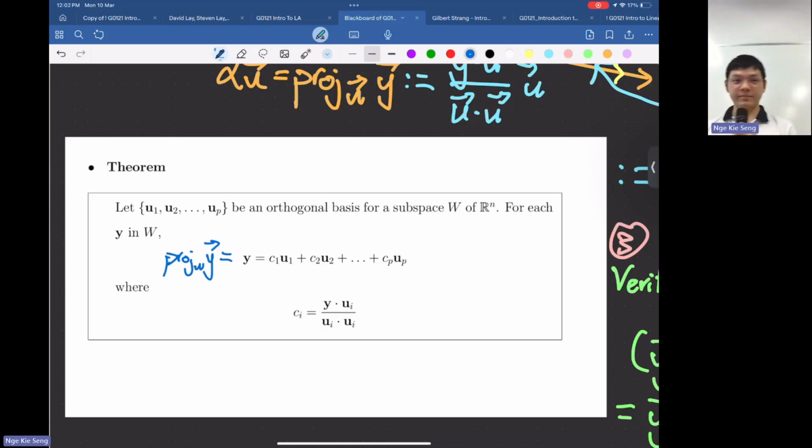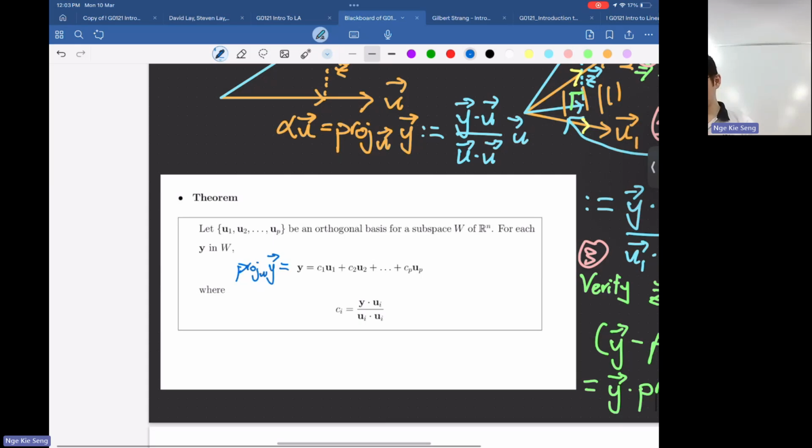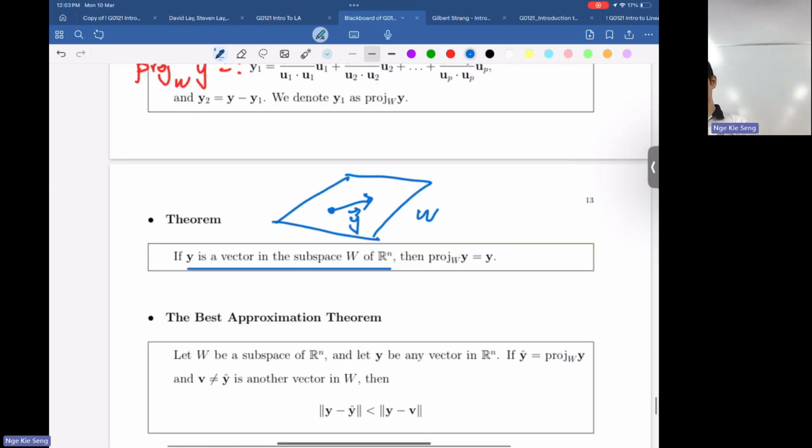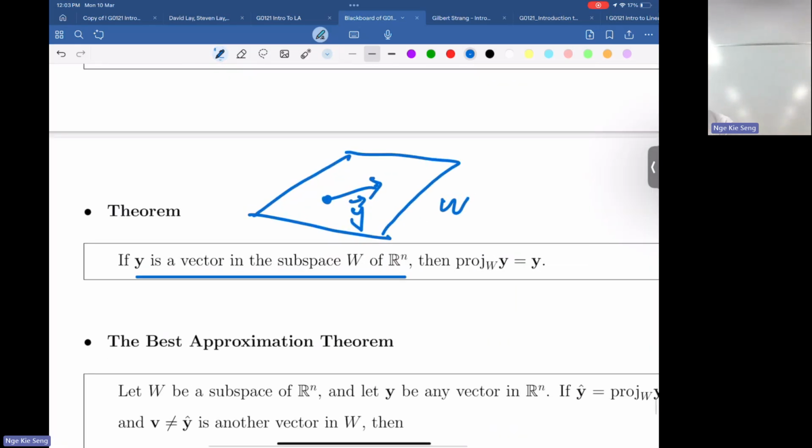It's the same formula. It also makes sense, right? Nothing to project, already inside it. So this theorem is checking whether the projection of y that we defined makes sense or not. It's the same guy.